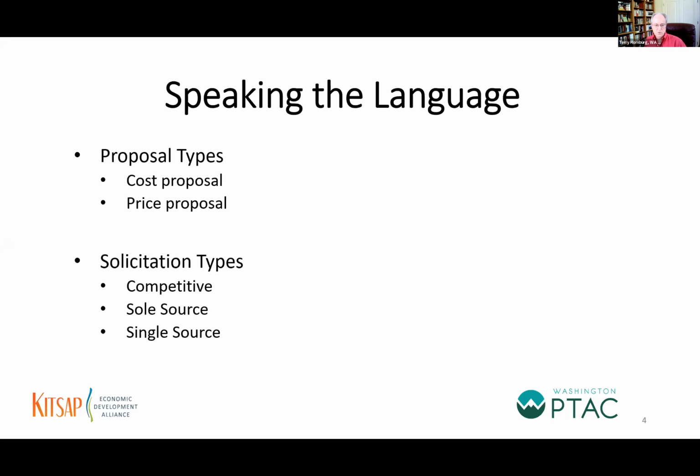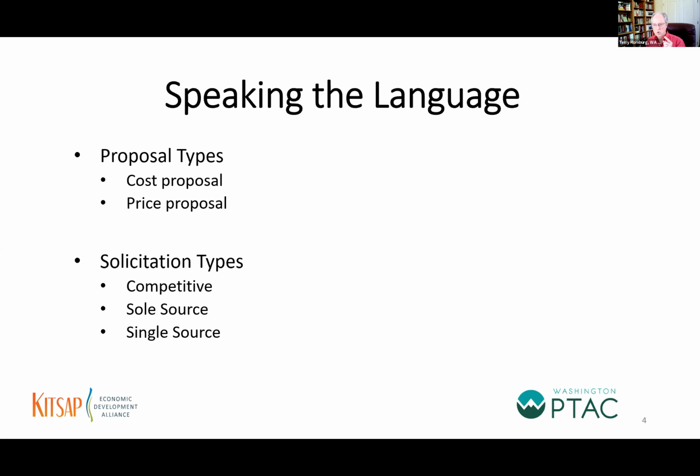The next two types of solicitations are sole source and single source. I hear people all the time interchanging those titles. They are two different types of solicitations. A sole source is when there is only one company in the United States that can provide that service or that product.